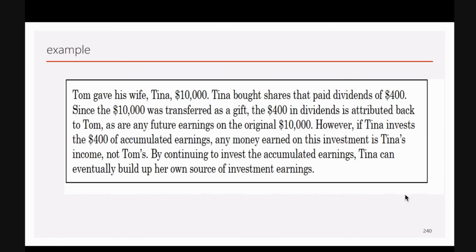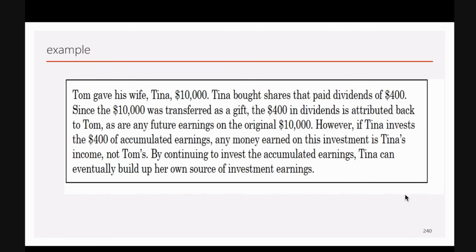Next year they still get a dividend. So if the dividend next year is, for example, 500, the 500 still goes back to Tom. Tom still needs to report, because the 500 comes from the 10,000.